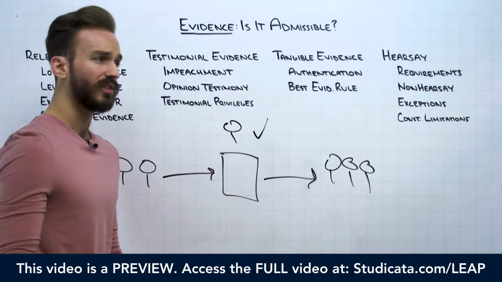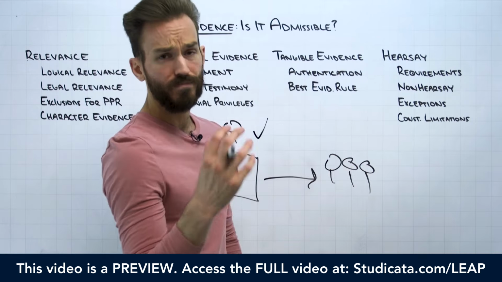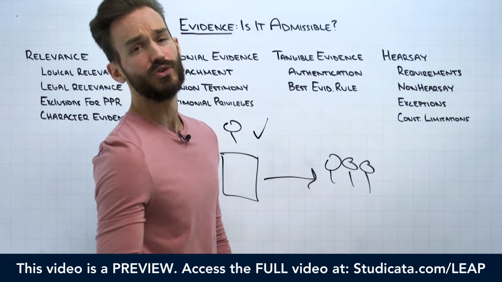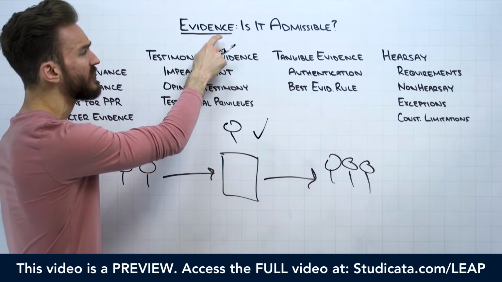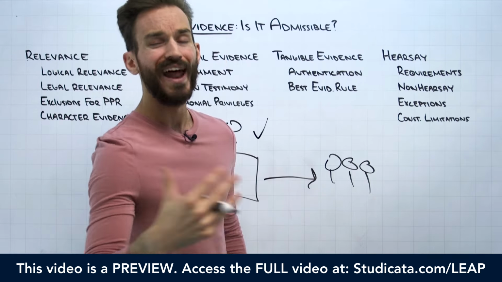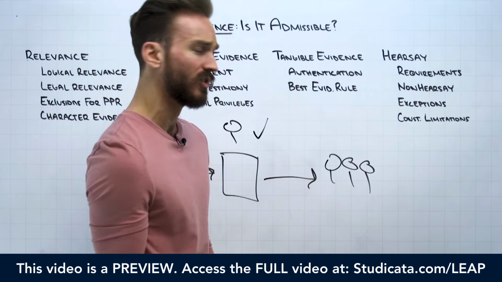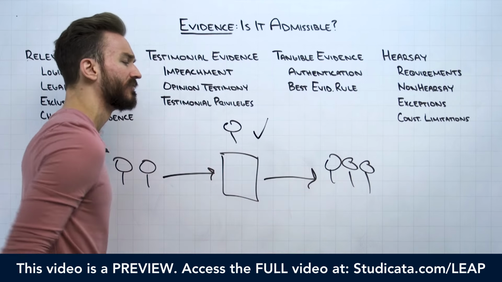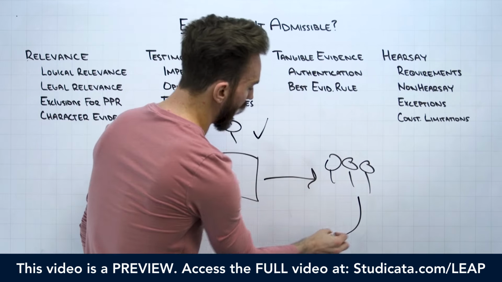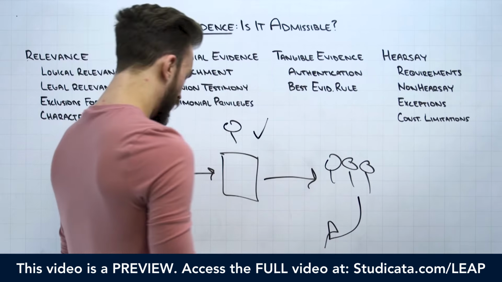At the close, they go back and deliberate. Of course, the jury is the finder of fact, so the jury will use the evidence to determine what actually happened, what the facts of the case are. Once they establish the facts, they will return a verdict.